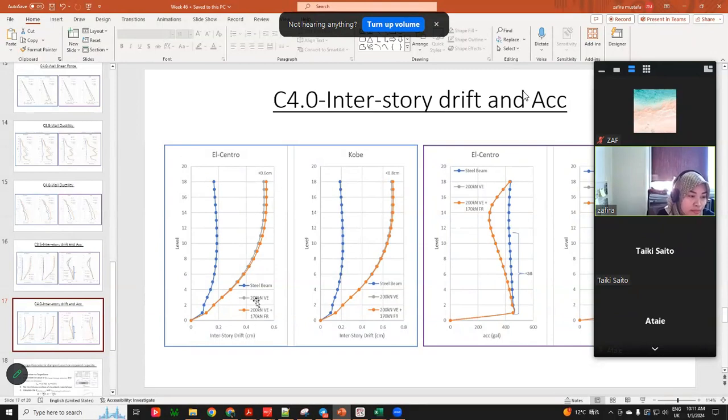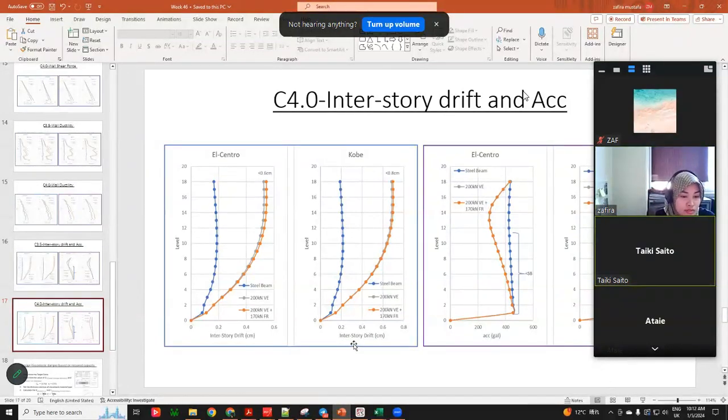For the short beam, the maximum is 0.6 centimeter. The story drift of the short beam with only steel beam is 0.2 centimeter. The steel beam doesn't move a lot because it is very stiff. But for damper, we allow the beam to move, so it has more displacement compared to the steel beam.